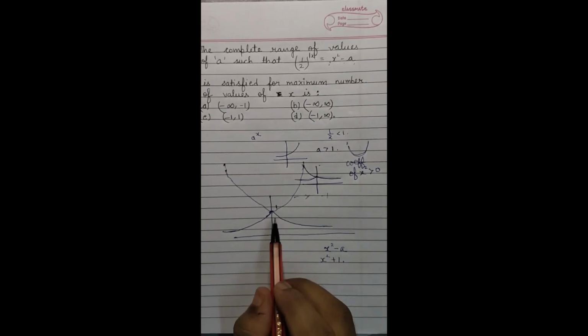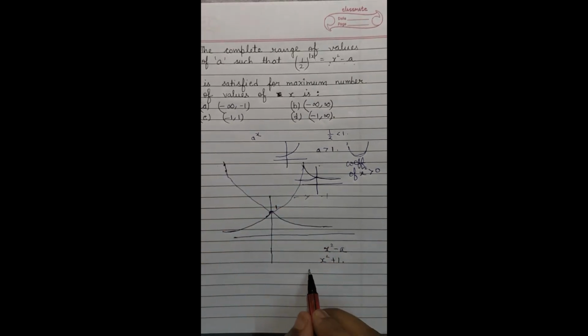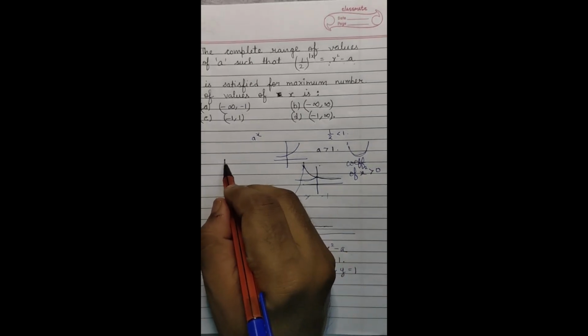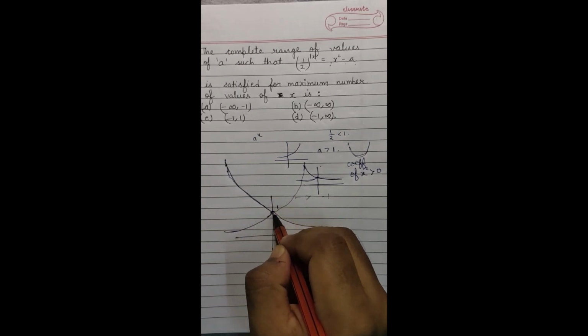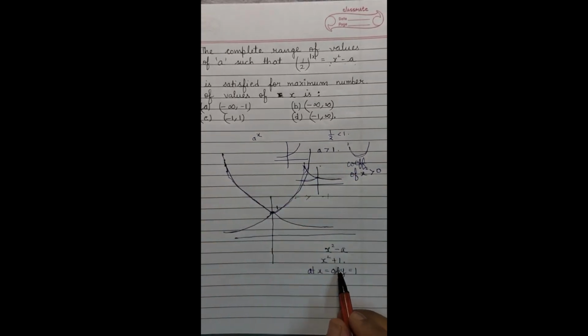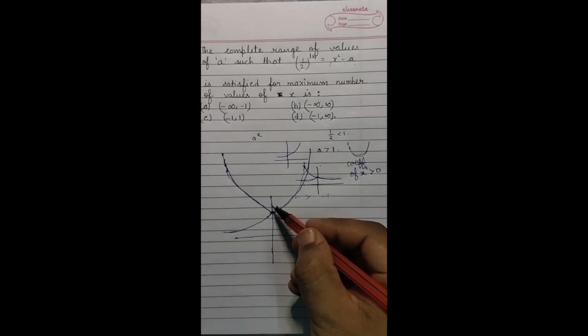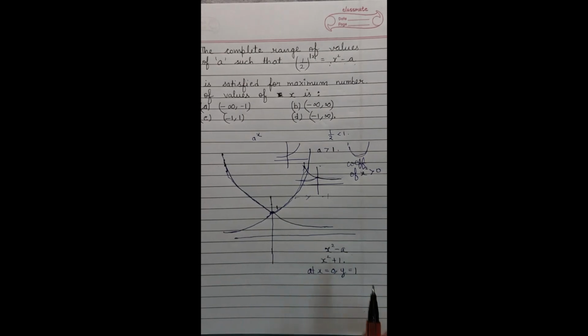It means at x equal to 0, y is equal to 1. So the graph will be a parabola like this, and it will go up like this. If I make it minus 2, this graph will shift up, so there won't be any solutions. So the minimum value that a can take here is minus 1.